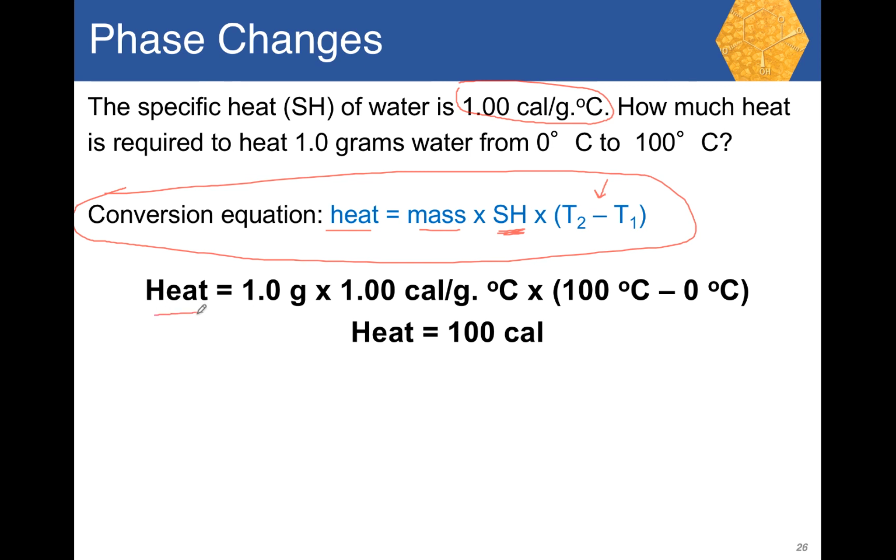So the heat we're trying to calculate here is equal to mass, 1 gram, that's given here, times specific heat, which is a constant, which is given, times the change in temperature. So T2 minus T1, or T final minus T initial, 100 minus 0, we end up with 100 calories needed to raise the temperature of water from 0 degrees C to 100 degrees C.